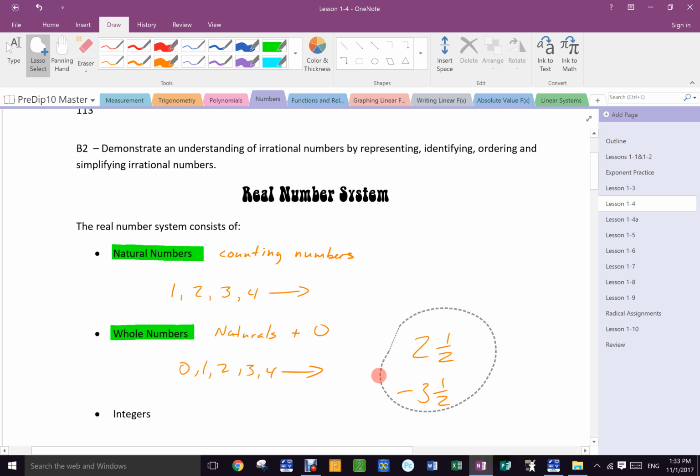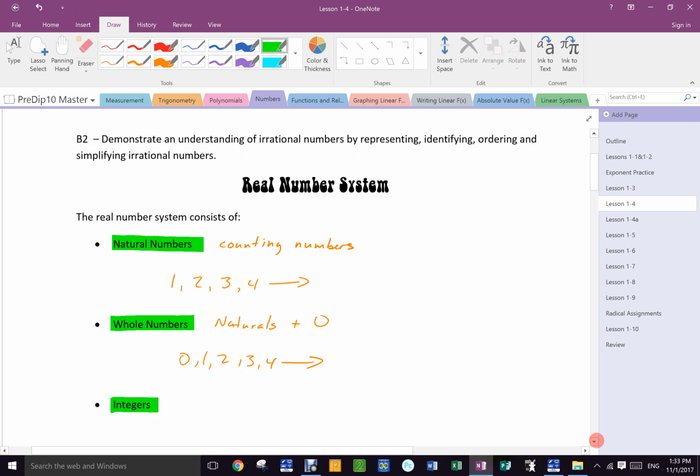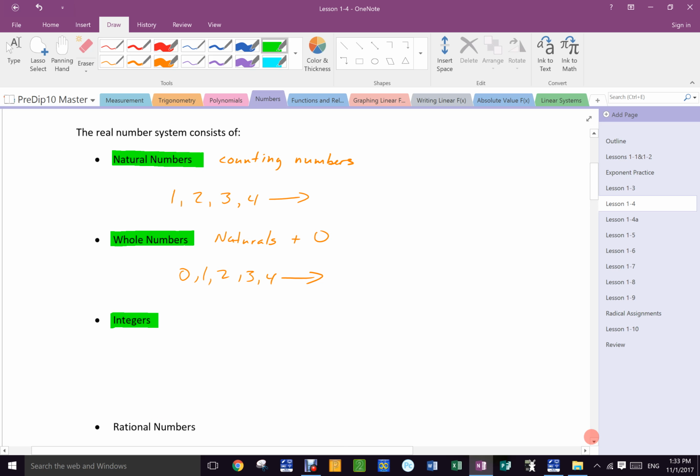So now, the question becomes, thankfully just posed by Sarah, it allows me to jump right into the next thing I was about to say. What have you noticed is not included in either of the first two sets? Negative numbers. So the integers must therefore be the naturals plus negatives.